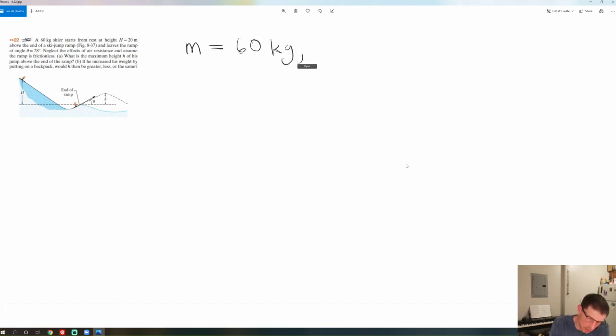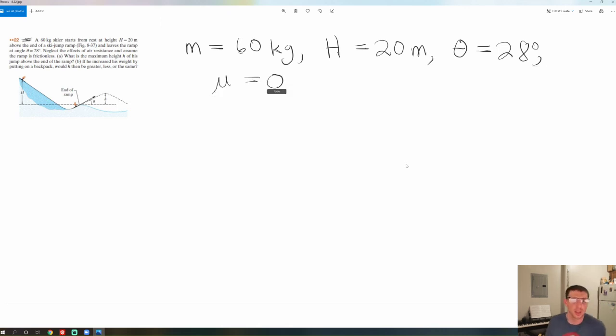Big H is 20 meters. Theta is 28 degrees. And, well, I wrote a comma, so let's just put that mu is 0, right? Because it's frictionless.